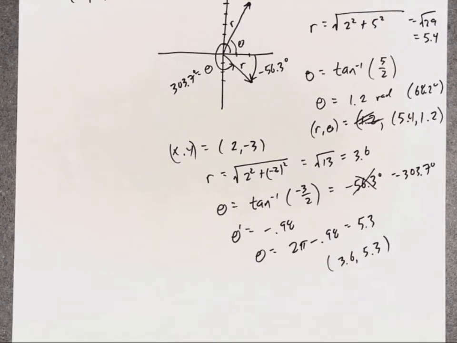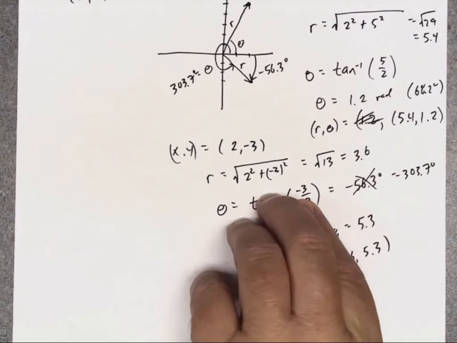All right, so that's a couple examples of going from X and Y to polar coordinates. But now we also like to go in the other direction. So as our last example or two, let's look at a point given in polar coordinates and convert it back into XY coordinates.